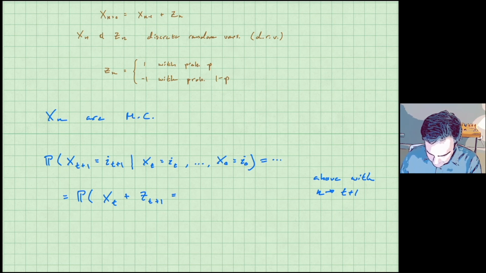So the probability of that is equal to i sub t plus 1, given, and then the rest of this doesn't change, but I'll write it out. I better move that other thing out of the way.